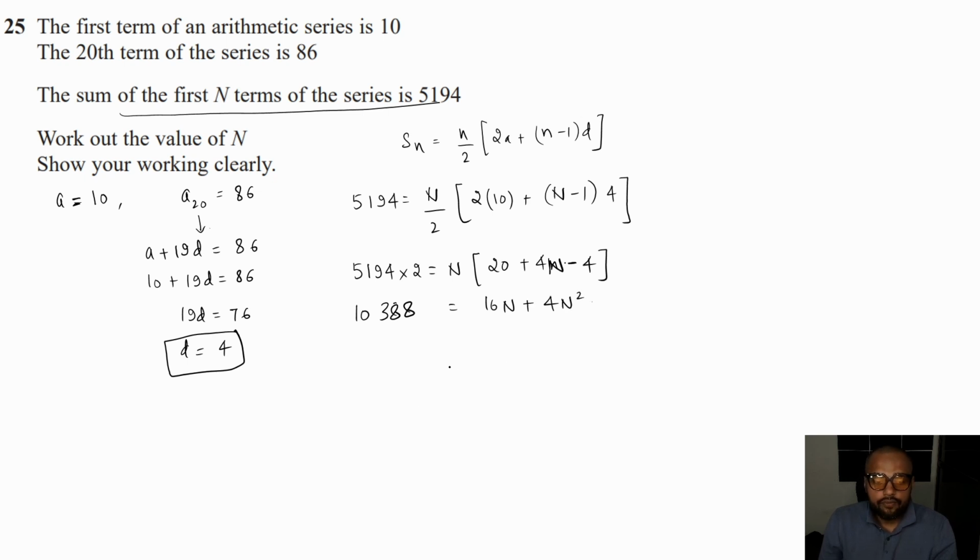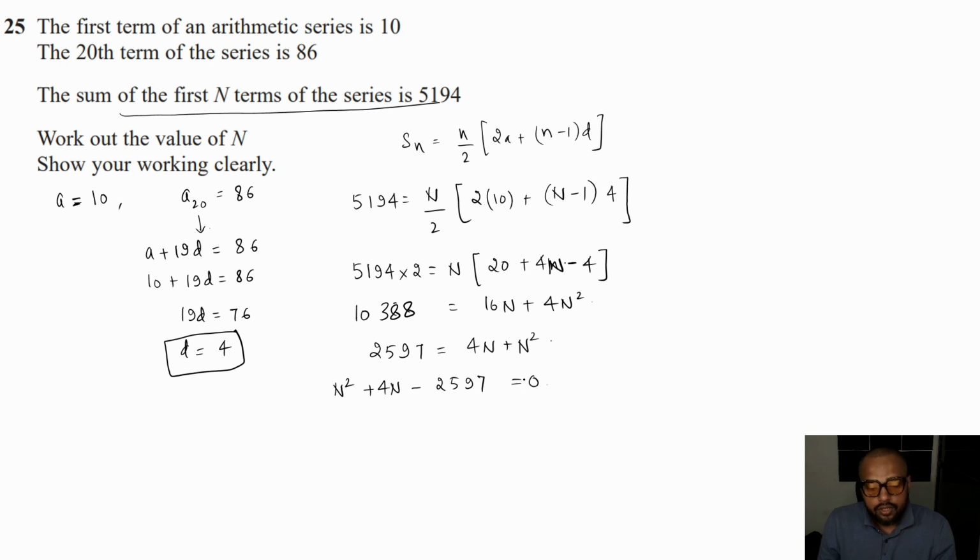Okay, so 4n square plus 16n equals 10,388. Just dividing the whole equation by 4, we get 2597 equals 4n plus n square. So what is the equation we are getting? n square plus 4n minus 2597.